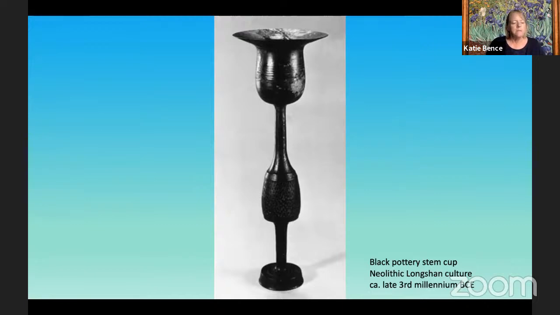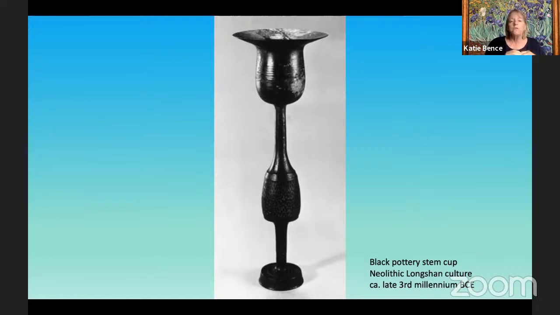The process can be used to create thinner walled pieces and a wider variety of shapes, including these stemmed vessels that were made by the Longshan kilns. The Longshan culture lived near and around the Beijing area.